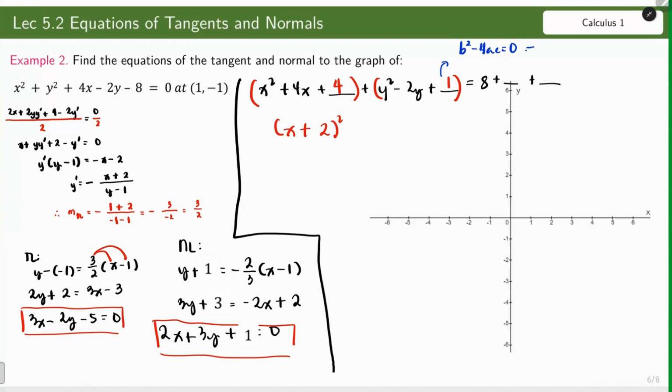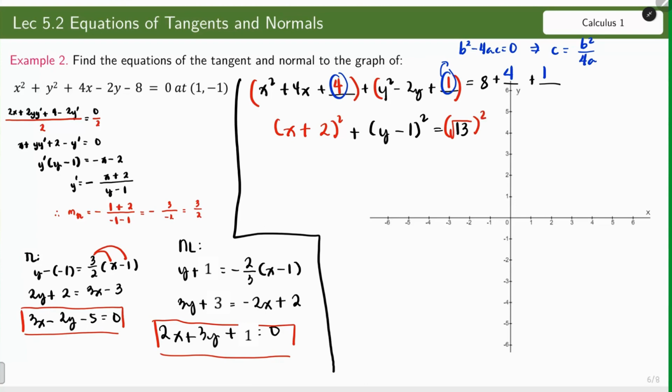This equation of the discriminant implies that c is equal to b squared over 4a. We have plus y minus 1 quantity squared is equal to 13. Since this is a circle, it implies that the right side of the equation is the square root of 13 with the square in it.